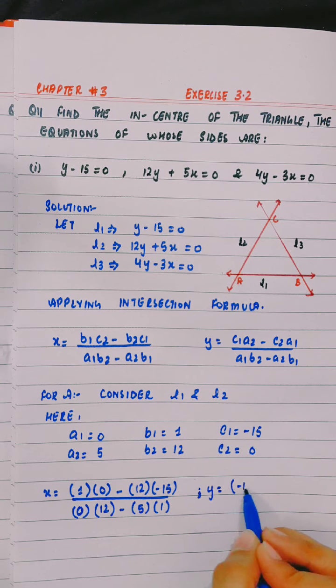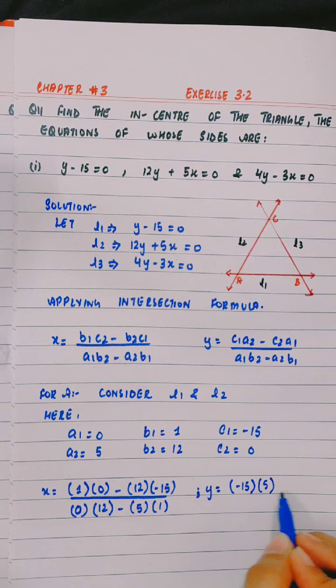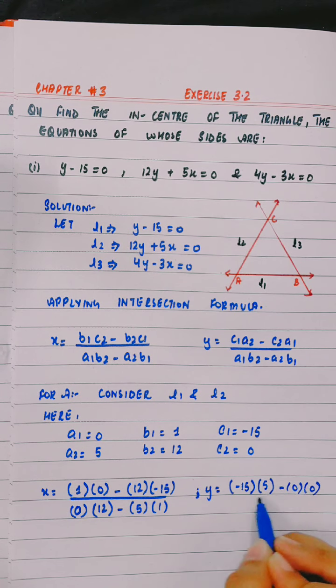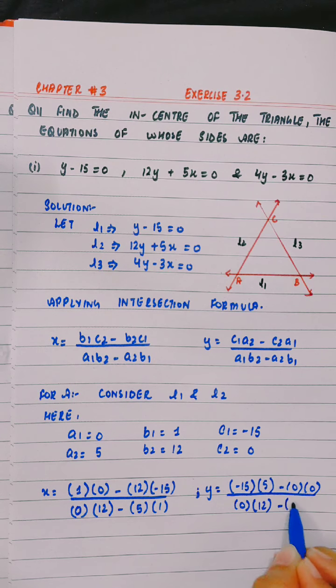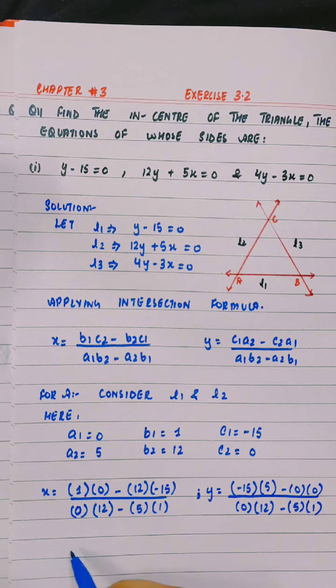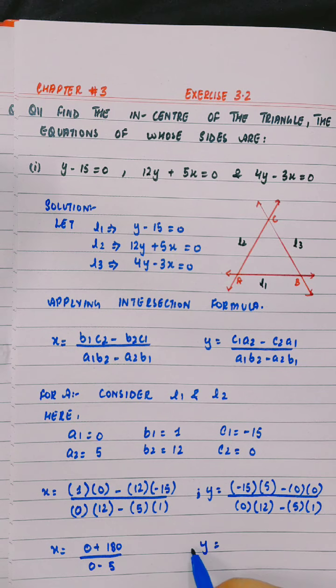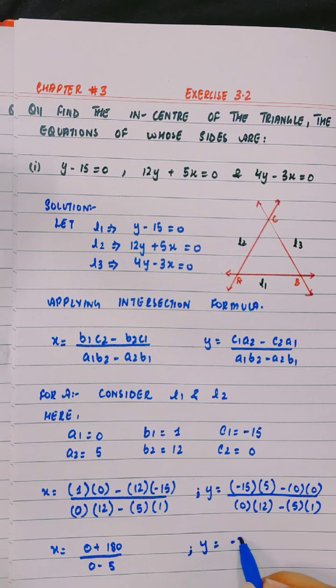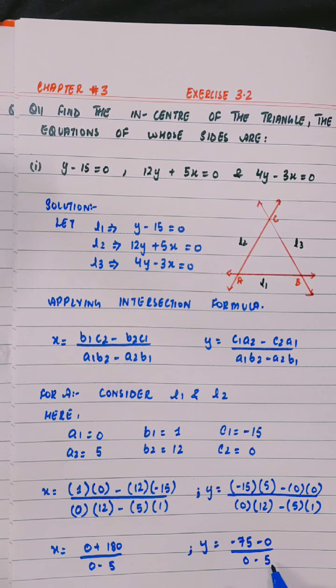Y is equals to minus 15 into 5 minus 0 into 0 divided by 0 into 12 minus 5 into 1. X is equals to 0 plus 180 divided by 0 minus 5. Y is equals to minus 75 minus 0 divided by 0 minus 5.